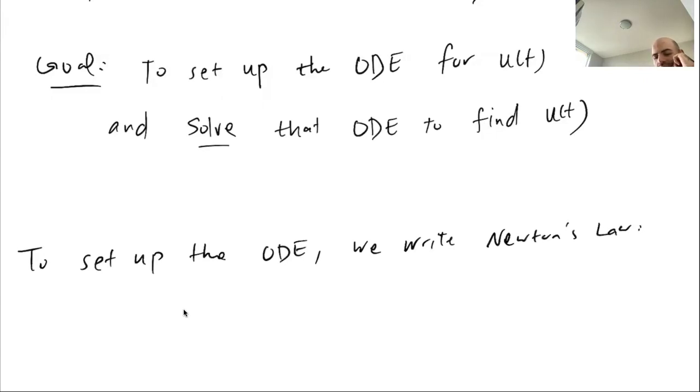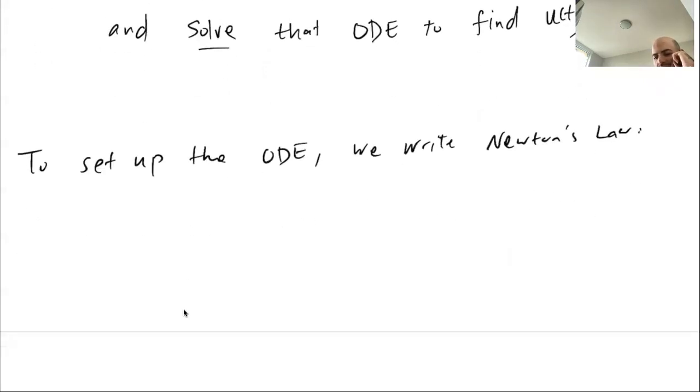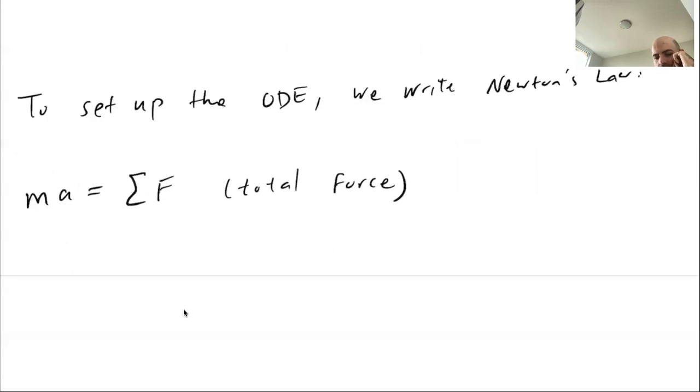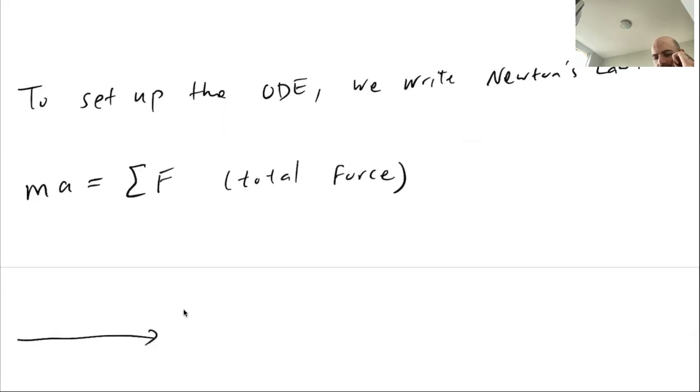So what does Newton's law tell us? It tells us that ma is equal to the sum of all forces, the total force. Now a is the acceleration, which is the second derivative of u.